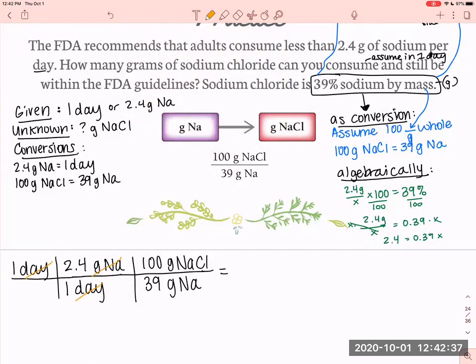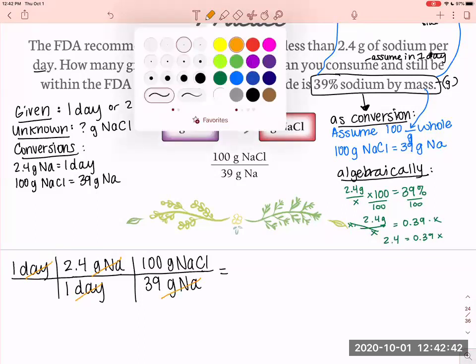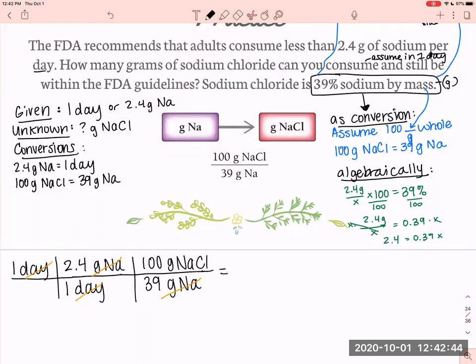Canceling out, grams of sodium cancels grams of sodium, not just one unit and one substance, canceling here. And you'll find that if you did the algebra correctly, you will get the same answer. But to me, it's just easier to see and not second guess myself when I do it this way. So rounding for sig figs, I'm going to get 6.2 grams of sodium chloride as my answer.